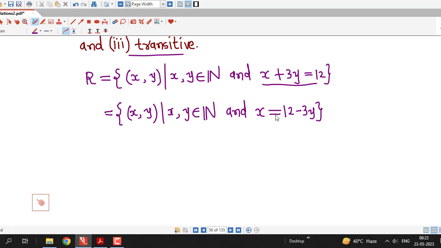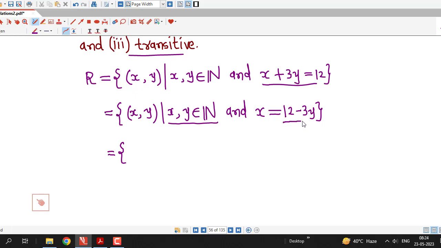This means x depends on y. Y can be taken arbitrarily, and for different values of y we will obtain different values of x, and here we have to take care that we must have x and y as natural numbers. So natural numbers start from 1.